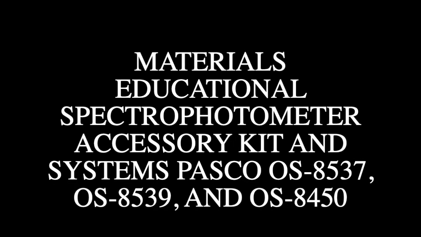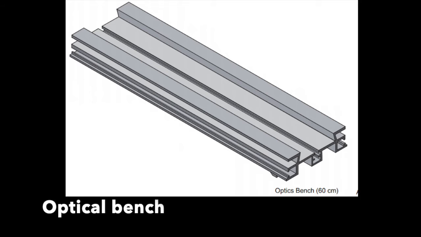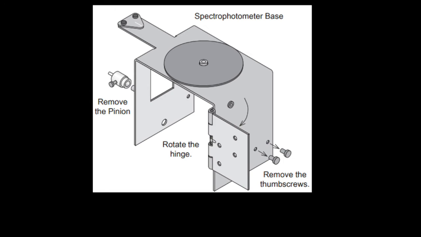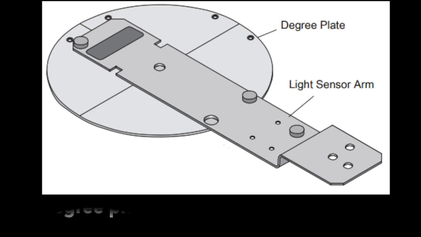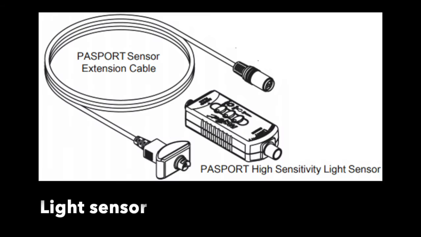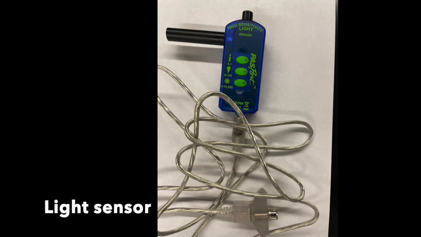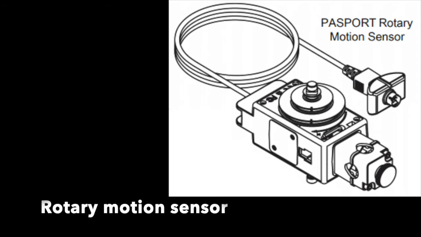We have a list of materials that are needed for building the spectrophotometer: an optical bench, a spectrometer base, the degree plate, and the light sensor arm. We're going to place the light sensor on this arm. The PASPORT light sensor has 3 settings.